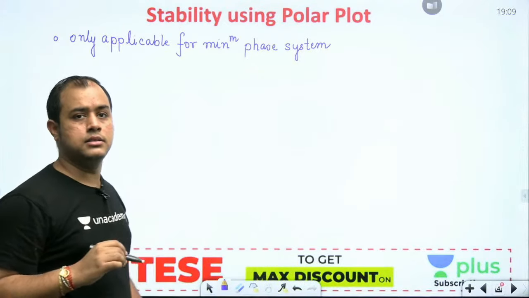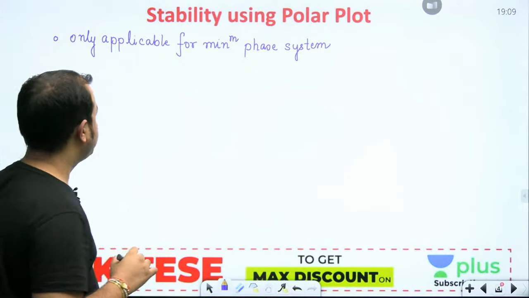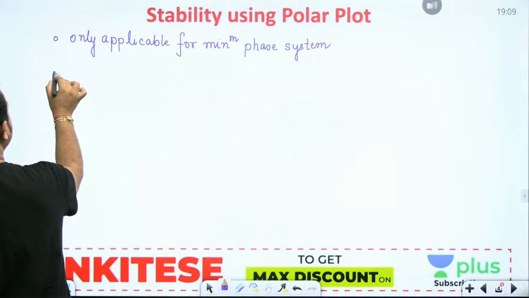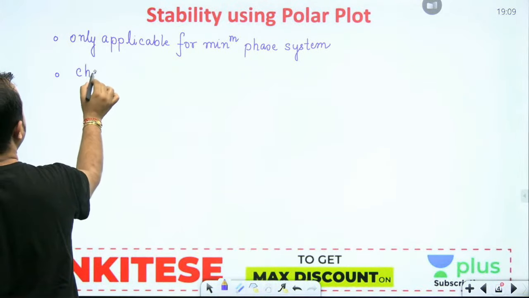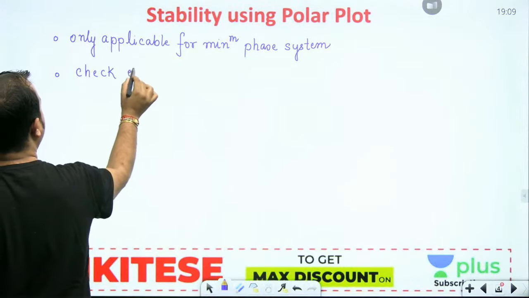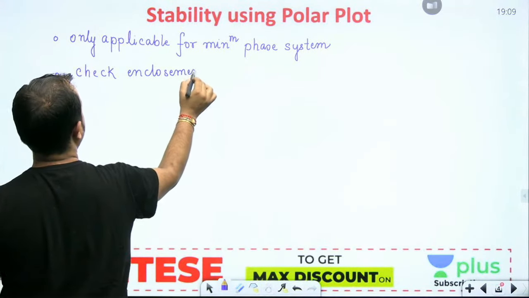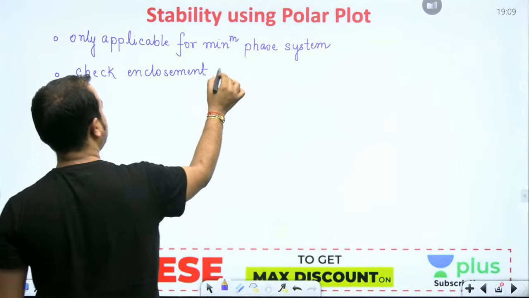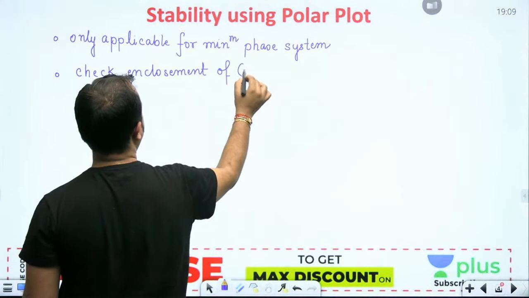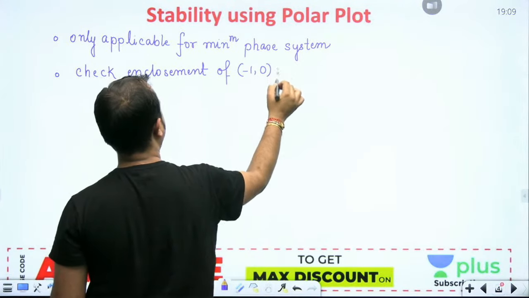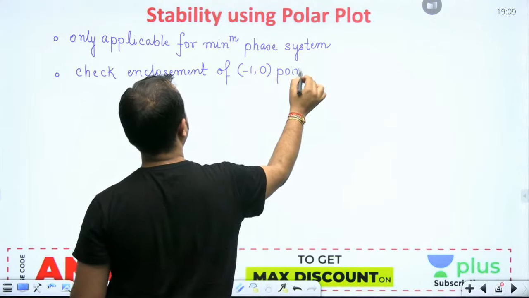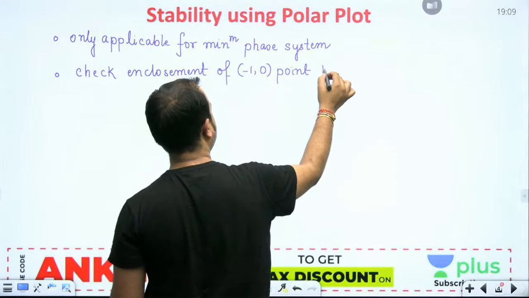And my friend, how to do it? Check enclosement of -1, 0 point by polar plot.